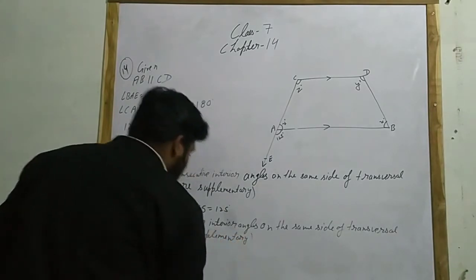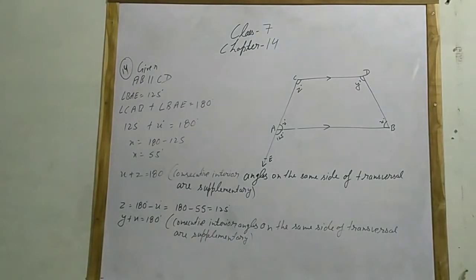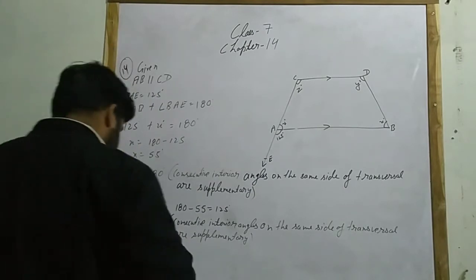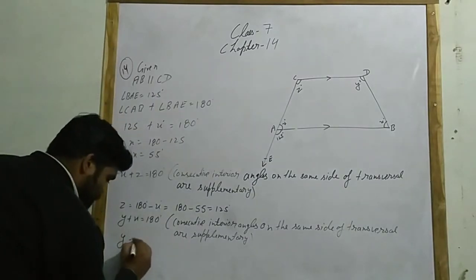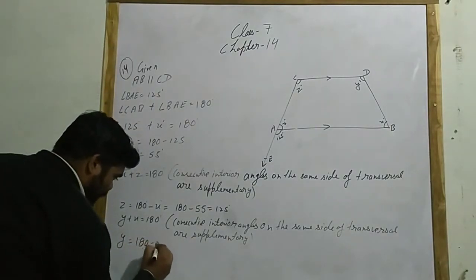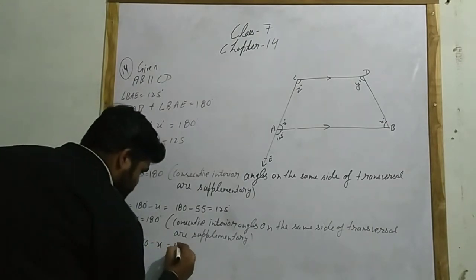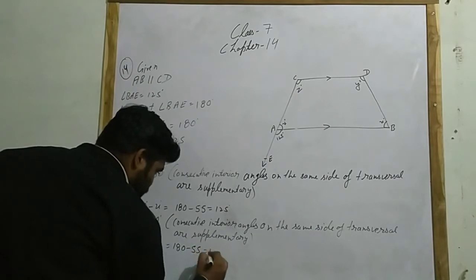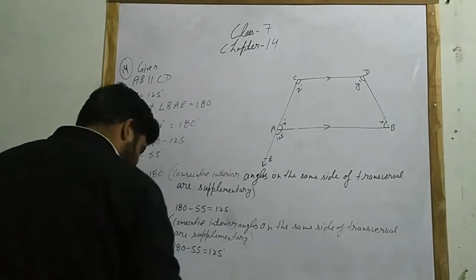Now y equals 180 minus x, equals 180 minus 55, equals 125 degrees.